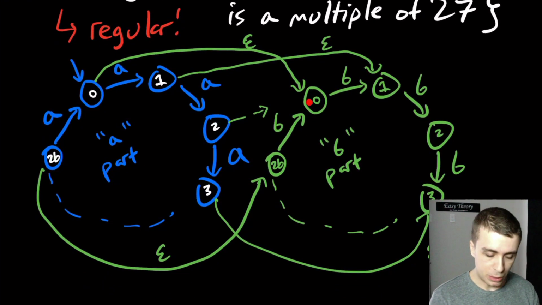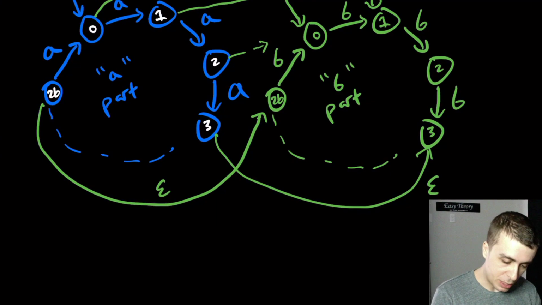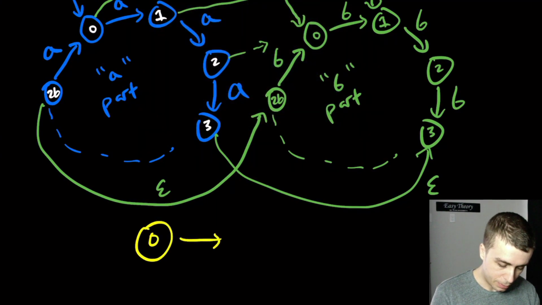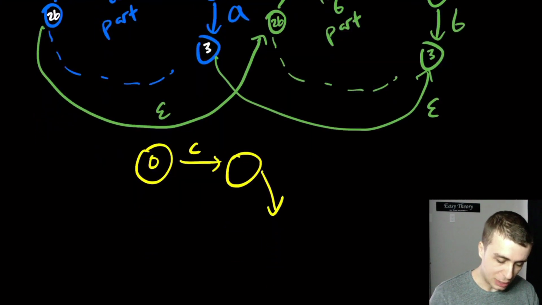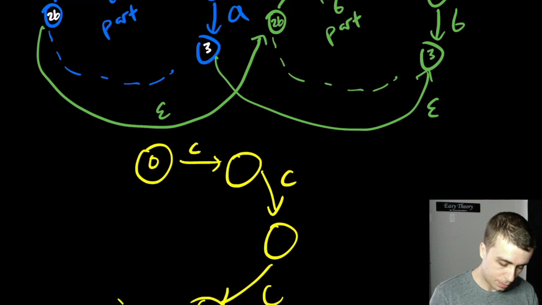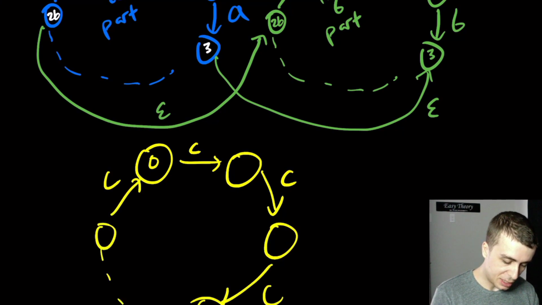And then I'm going to go around this machine. And then at some point I'm going to have a, let's say, yellow one for C's. So we're going to have a giant circle here. So C, C, like this. And let's call these 0, 1, 2, 3, up to 26.